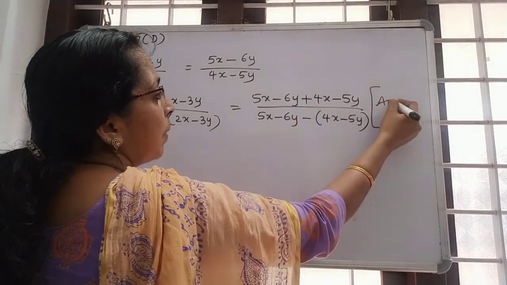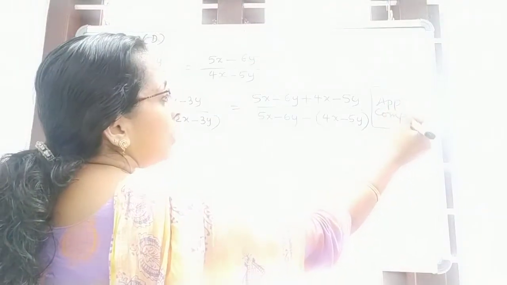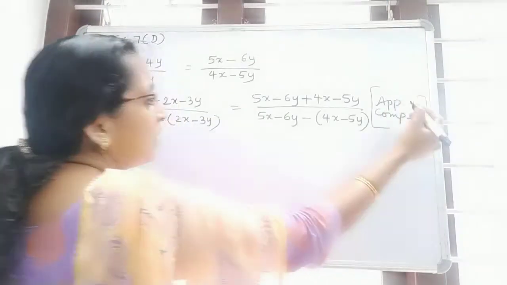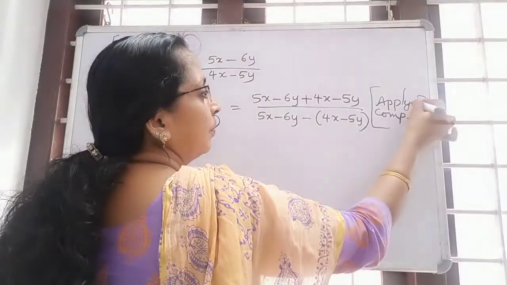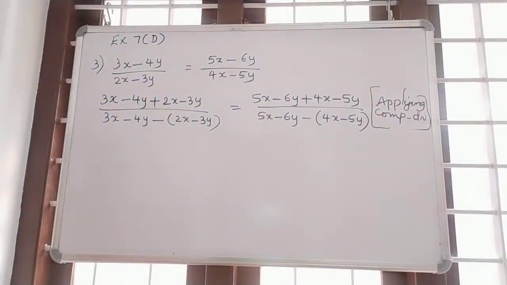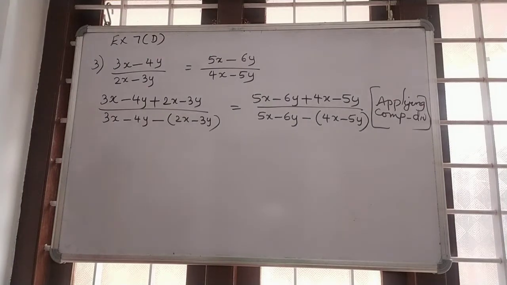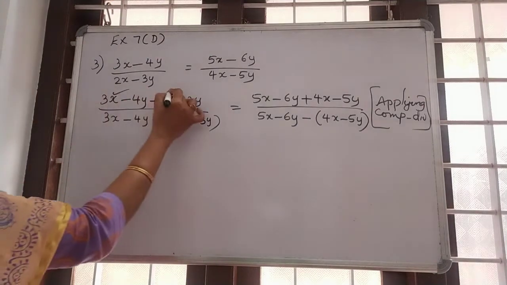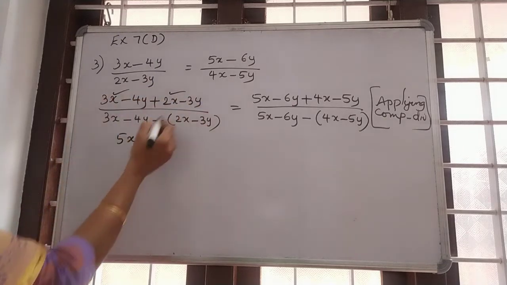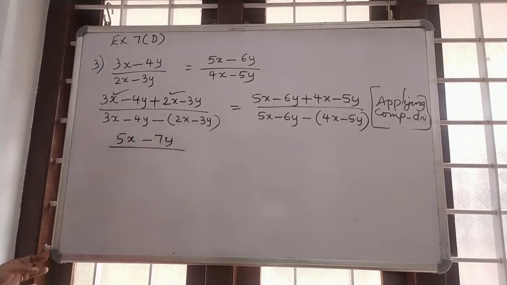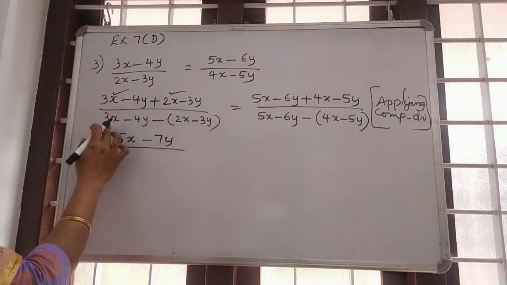You should write the reason: applying componendo, dividendo. So 3x plus 2x is 5x, minus 4y and 3y is minus 7y, divided by, I think directly you can do this.